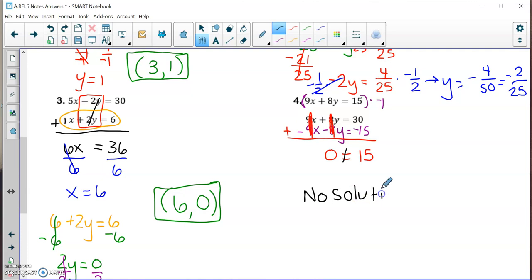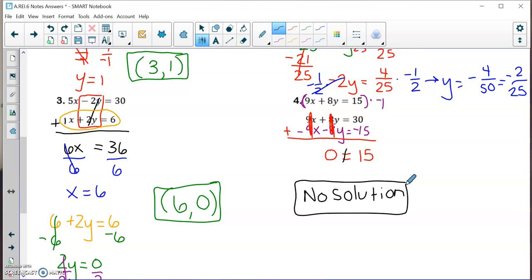Meaning, on the graph, these two lines would be parallel. They would not intersect. Another thing is, if we think back to when we were doing graphing, these two lines would have the same slope, but different y-intercepts.